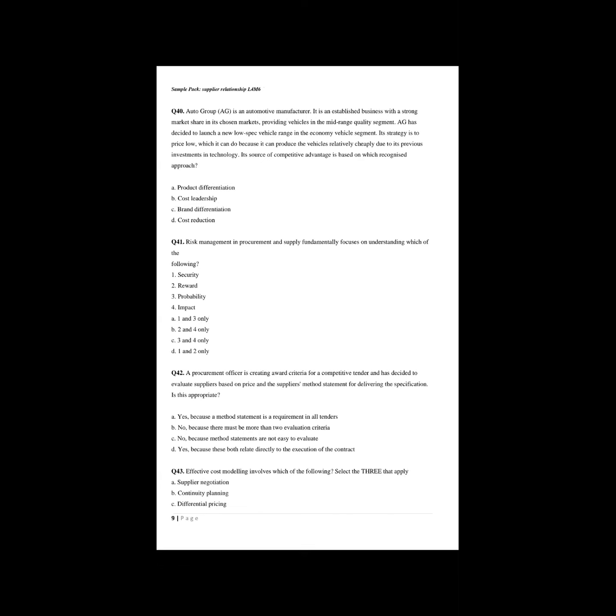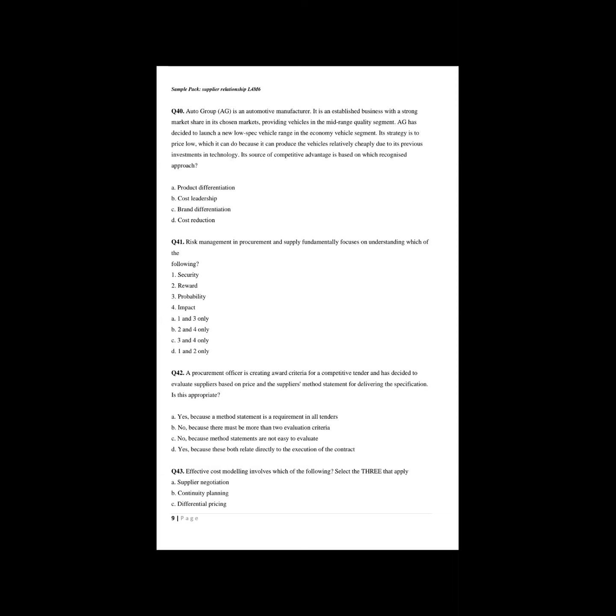Question 42. A procurement officer is creating award criteria for a competitive tender and has decided to evaluate suppliers based on price and the supplier's method statement for delivering the specification. Is this appropriate? A, yes, because a method statement is a requirement in all tenders.